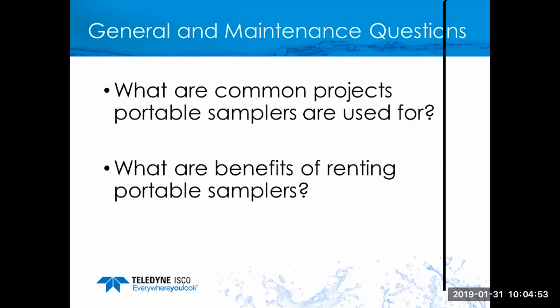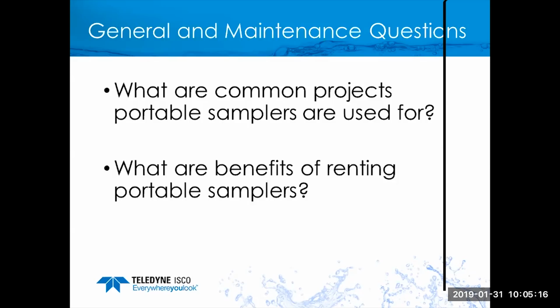Again, portable samplers are typically utilized in applications where there is no access to AC power, and you typically will move the sampler around from location to location, as opposed to a more stationary refrigerated sampler, which does not lend itself to being picked up and moved from site to site by any stretch of the imagination.